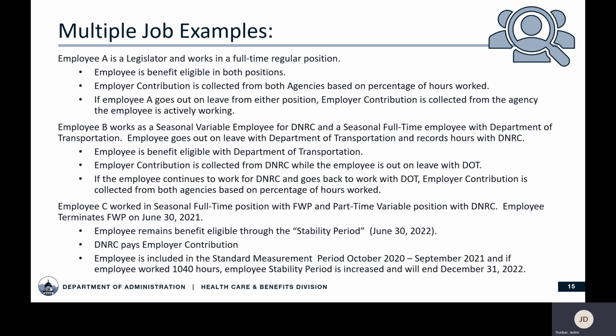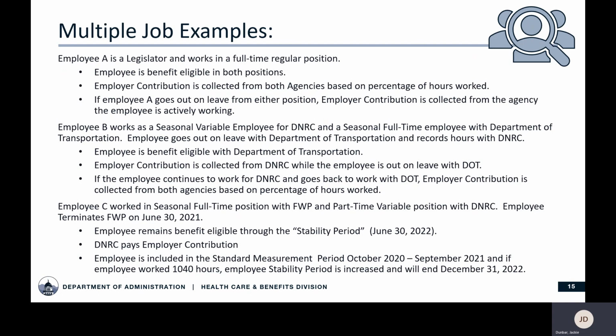Employee B works as a seasonal variable employee for DNRC and a seasonal full-time employee with Department of Transportation. Employee goes out on leave with Department of Transportation and records hours with DNRC. Employee is benefit eligible with Department of Transportation.